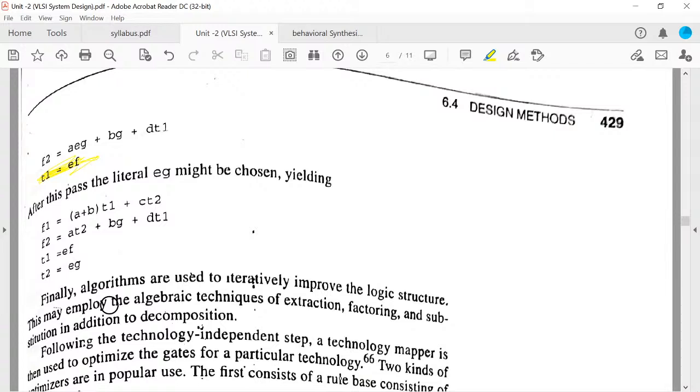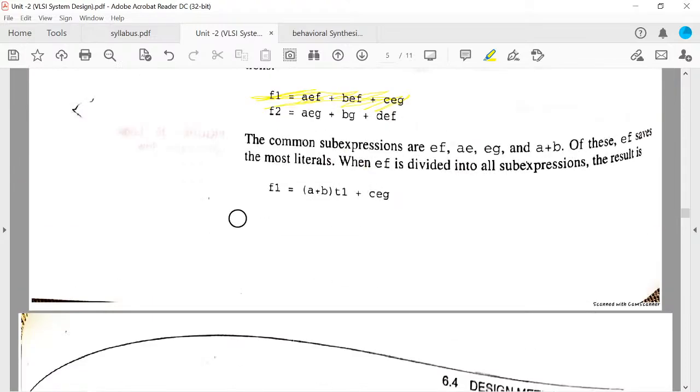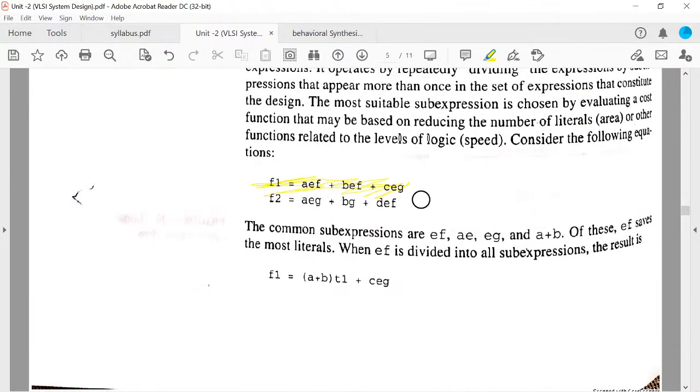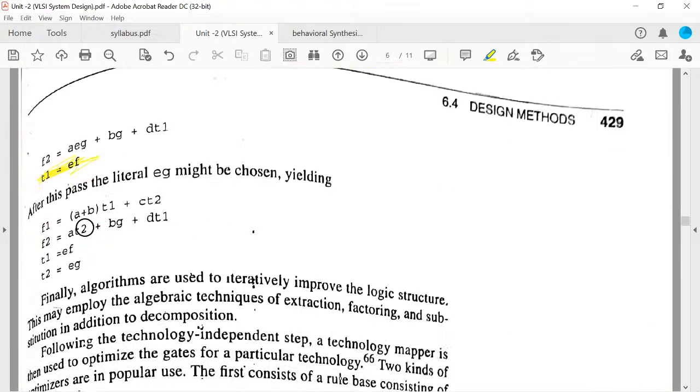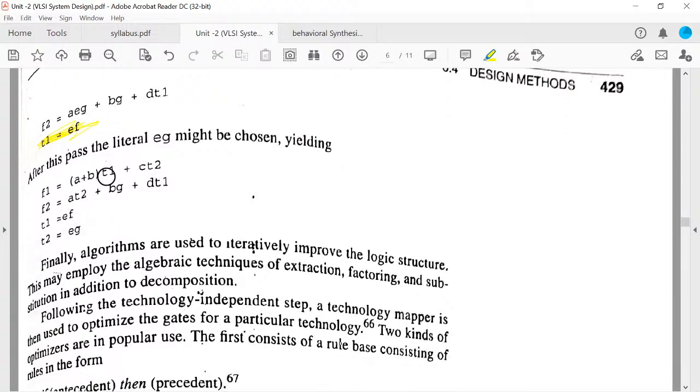Now there is also some possibility of minimization. We can also take some other variable, for example eg as t2. Then these two functions, f1 and f2, become dependent on each other.